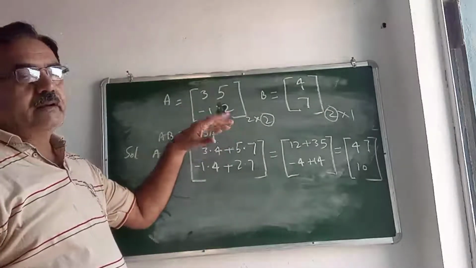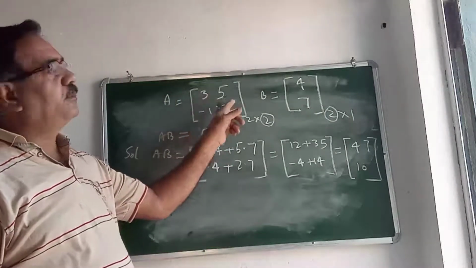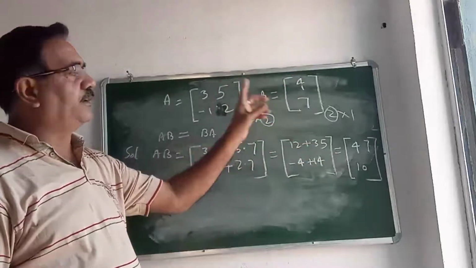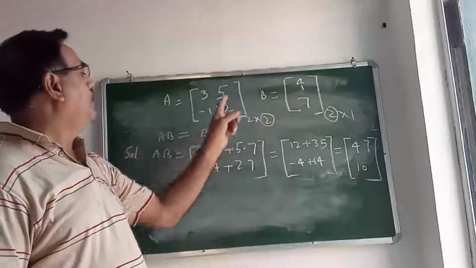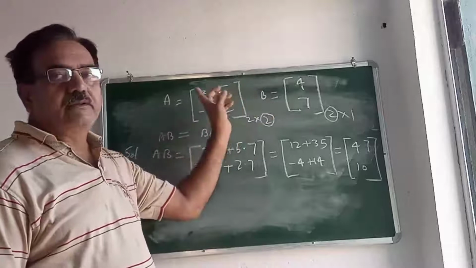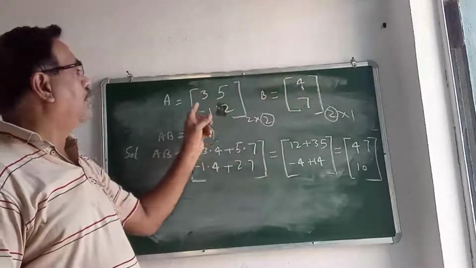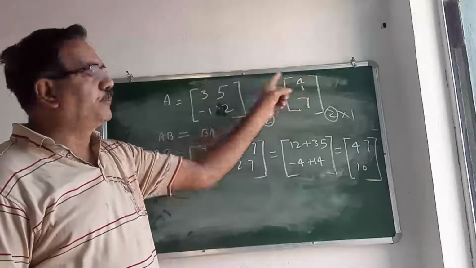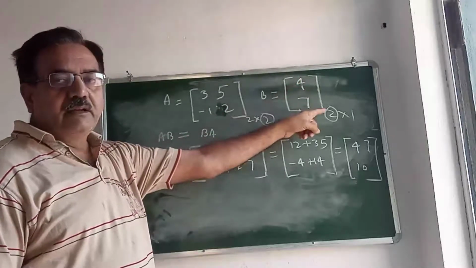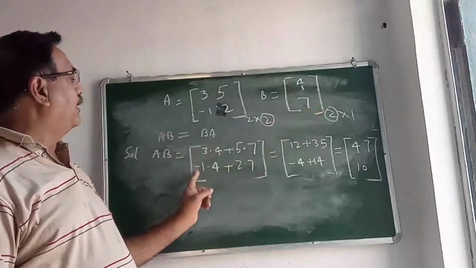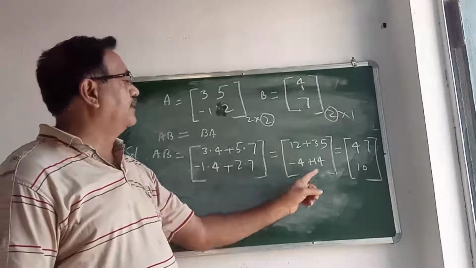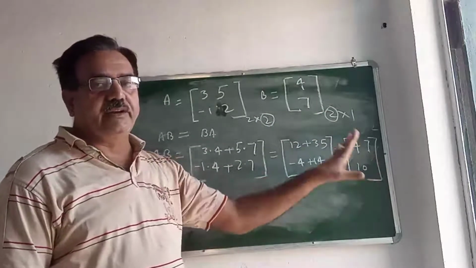How to multiply? From the first row we multiply the column of the second matrix: 3 into 4 plus 5 into 7. From the first row only one column is there. Now from the second row again we multiply the column: minus 1 into 4 plus 2 into 7, that is equal to 47 and 10.